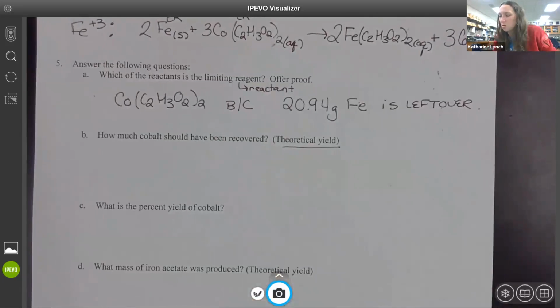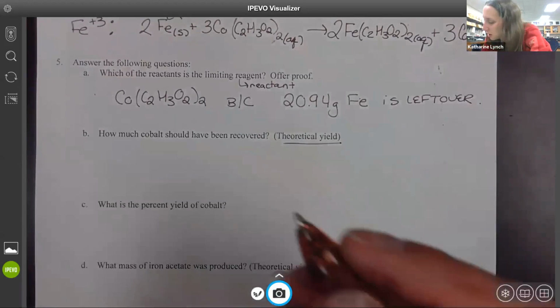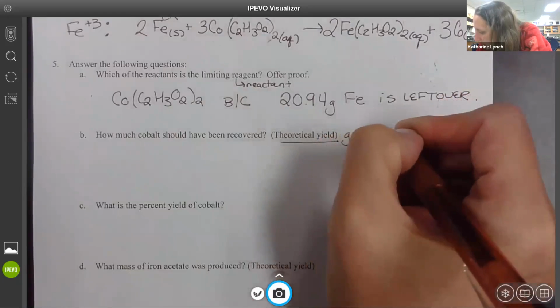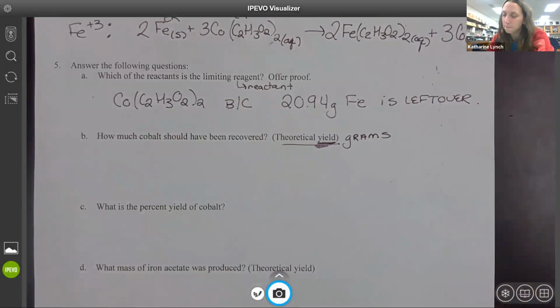So we want to know theoretically how many grams of cobalt should be recovered. So when it says how much, we're actually going to go to grams, because yields we are going to express in grams. Don't just stop at moles.